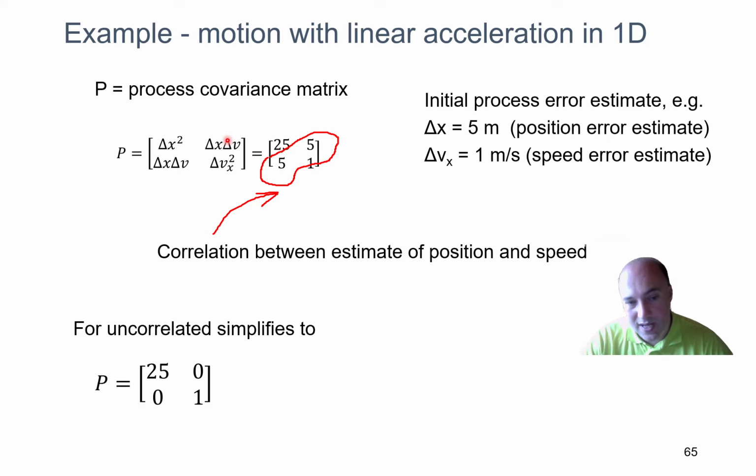And here those two covariances, you may set them if you suspect that there is some relation between the two variables. For example, if you have a combined sensor that measures speed and position, then it might be influenced by the same problems. It might be influenced by the same vibrations, by the same temperature changes, and so on. So you may put an estimate here on the correlation.